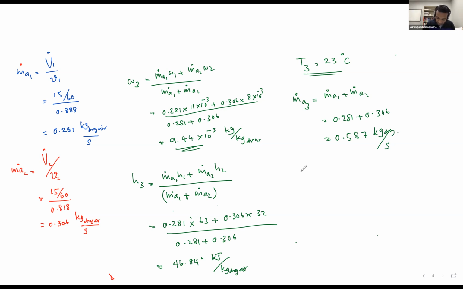And now we can find V dot 3 is equal to m dot A3 times V3.